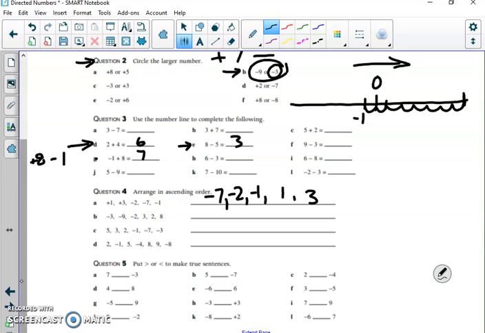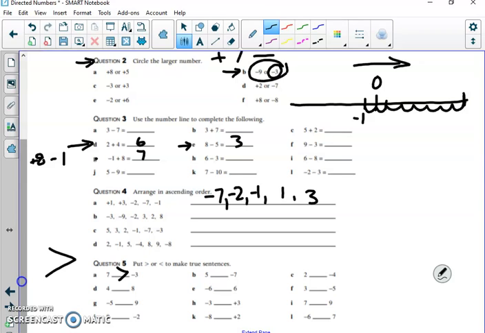Now, I'm sure that you guys have gotten tips and tricks throughout your math career. Something that made sense to me when I was younger, and I still use it even as I'm older, is that these larger than and less than symbols are basically like an alligator mouth, and it always wants the biggest number. So I'm just going to make the alligator eat whatever the biggest number is.